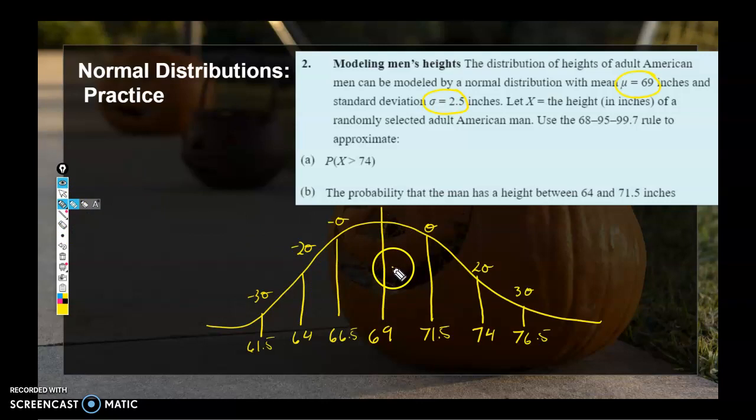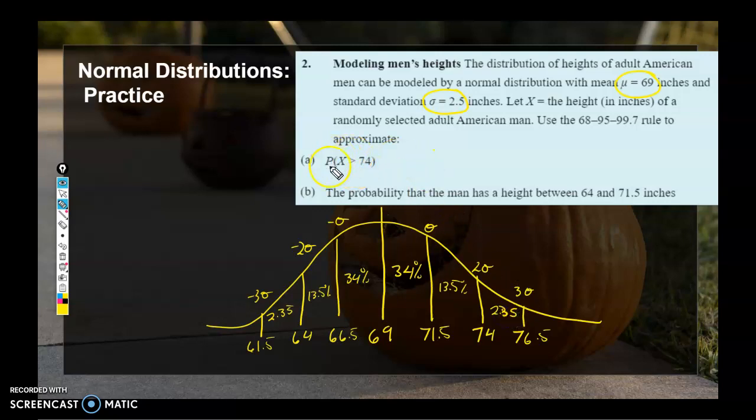All right. Now, from the last example, we learned that there's 34% contained in that slice, 34% contained in that slice. We saw there's 13.5% contained in each of those slices. In these slices, we saw there's 2.35 each.